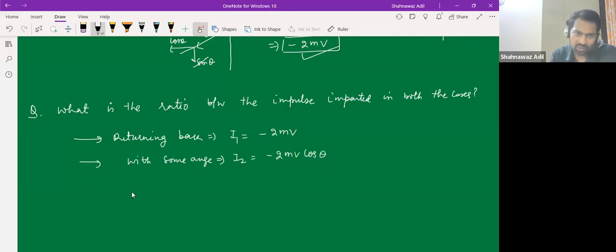So the ratio I1 divided by I2 is minus 2 m v divided by minus 2 m v cos theta, which is, this is cancelled, so we have 1 by cos theta.